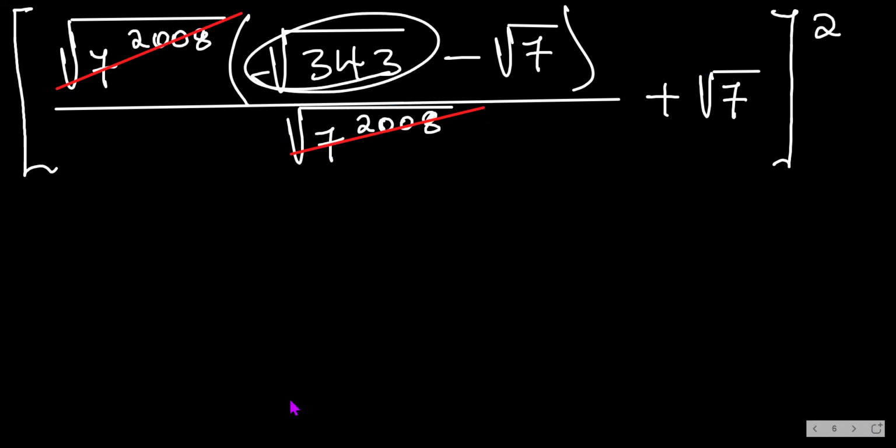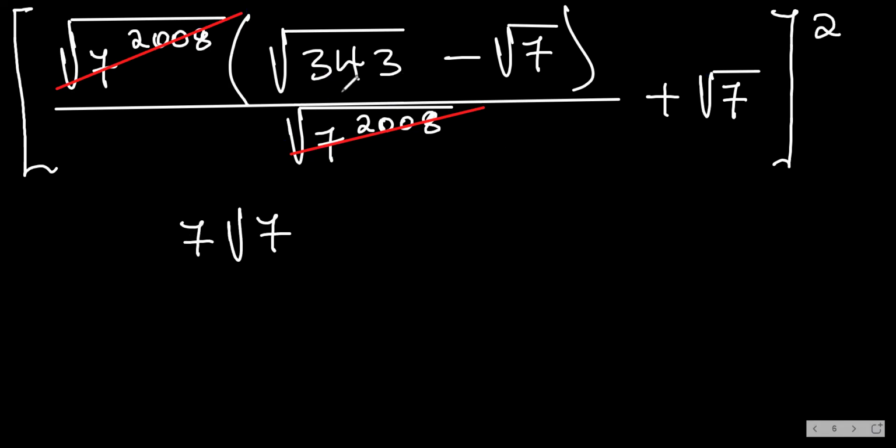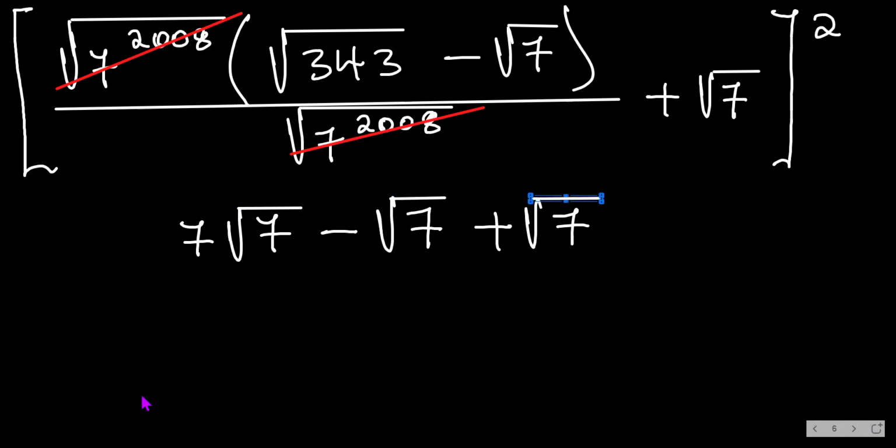And now we can say, what is square root 343? If you go to your calculator and press square root, you're simply going to get 7 square root 7. And then you will say minus square root 7, and you will add the long lost square root 7. And of course, you understand the whole thing needs to be squared at the end of the day.